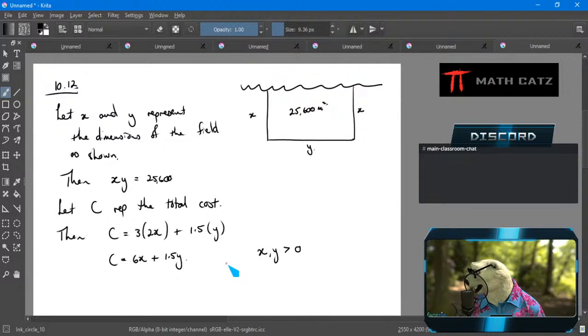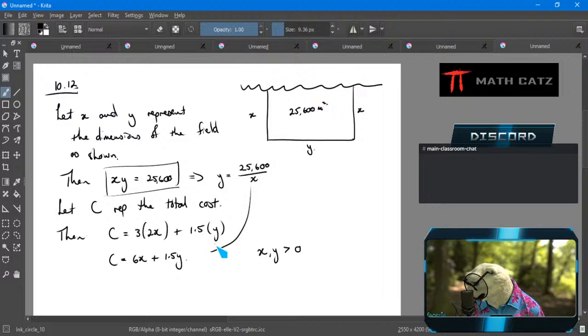So let's move forward, realizing that again I have a function based on 2 variables. That's not going to go well. That's why they give me this extra bit of information. I can maybe solve for y. Why not? And then I'll have y equal to 25,600 over x. That then goes into here, into my function.